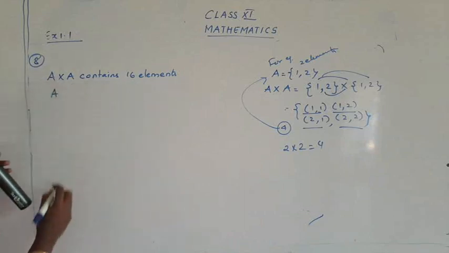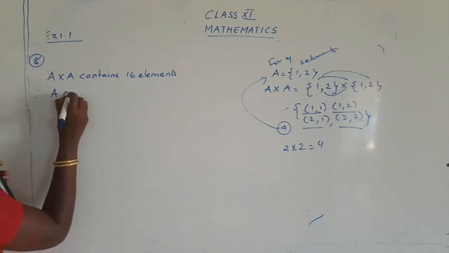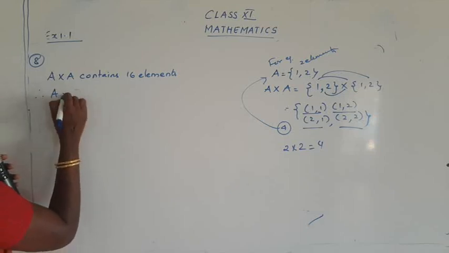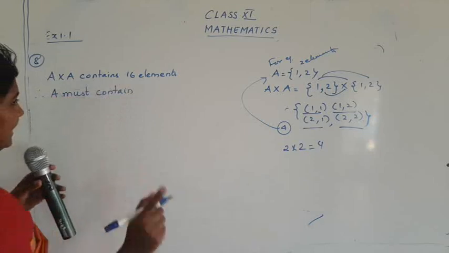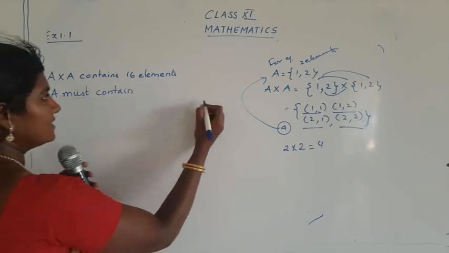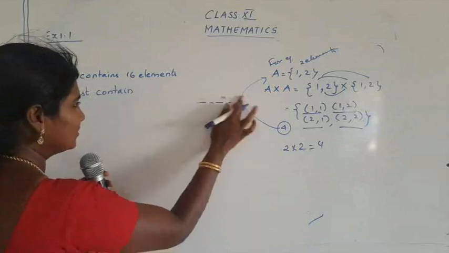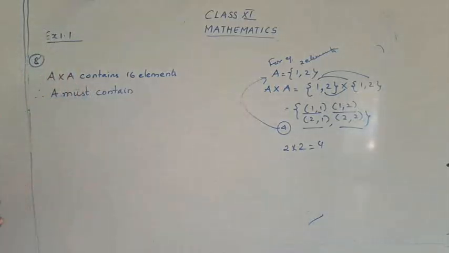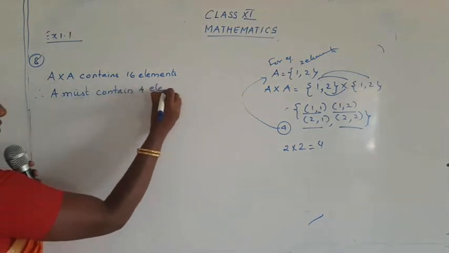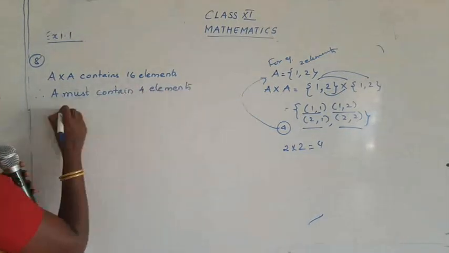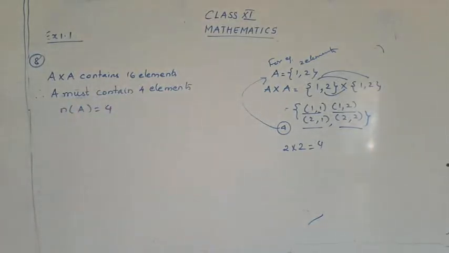Therefore A must contain, do not write 8 elements. You have to write dash into dash is equal to 16. So it's 4 into 4. We have to just take the square root of it. So A must contain 4 elements. So I can say n(A) is equal to 4.